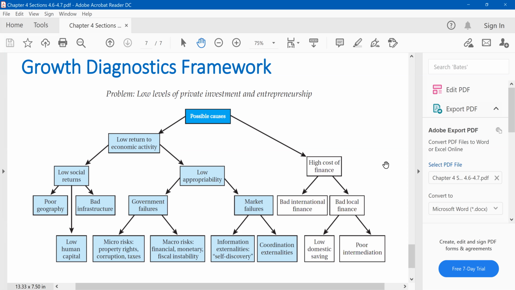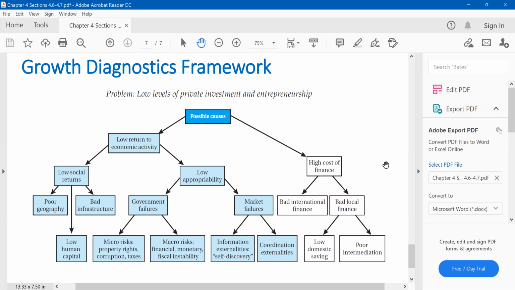Now, here we have two types of failures. One type is government failures, another type is market failures. Now, in the government failures, we have macro risks and micro risks. Okay, in terms of micro risks, property rights, corruption, taxes. So these are blocking your profit opportunities, right?